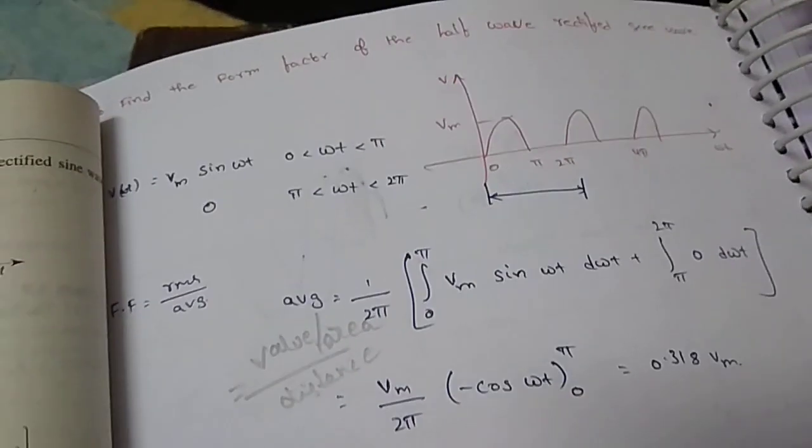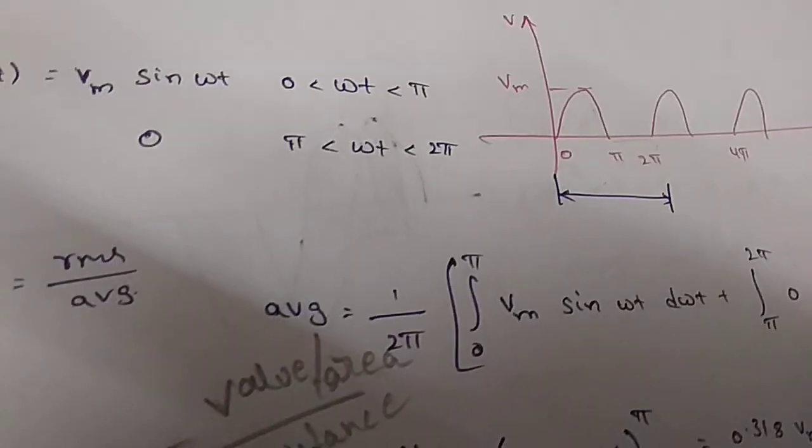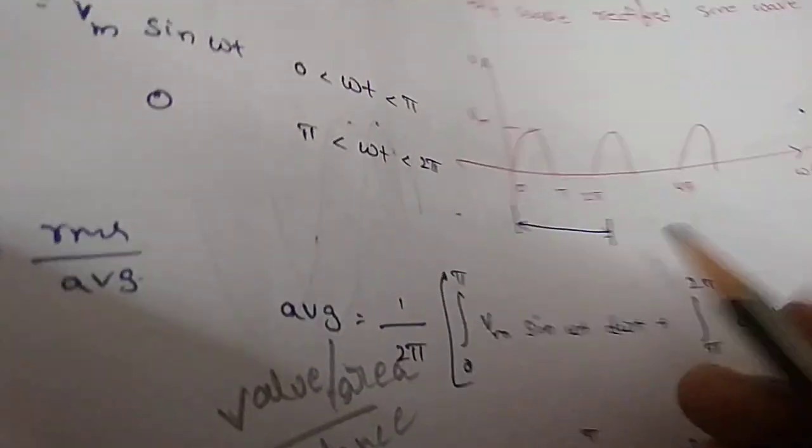Here you may ask one question. Previously you said only half cycle. Why are you considering all of this? I just want to give some clarity here.